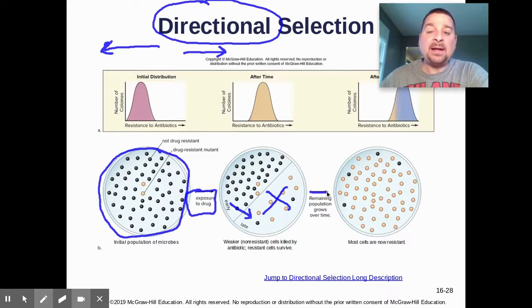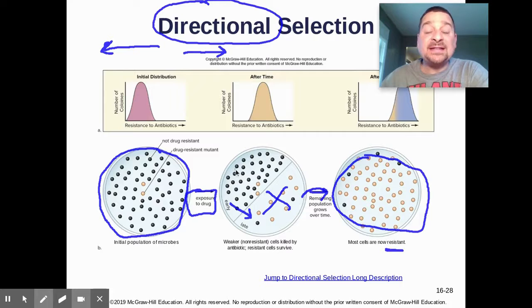And you're like, oh, I'm feeling better. And so you don't take all your antibiotics. You leave a few of the original bacteria along with some of the resistant bacteria. And over time, you are selecting for mostly bacteria that are resistant.